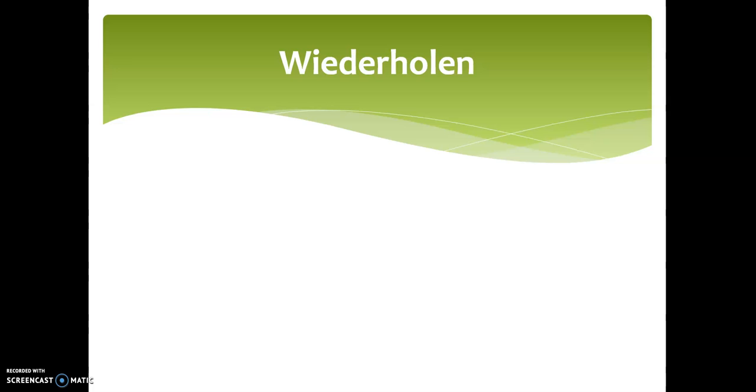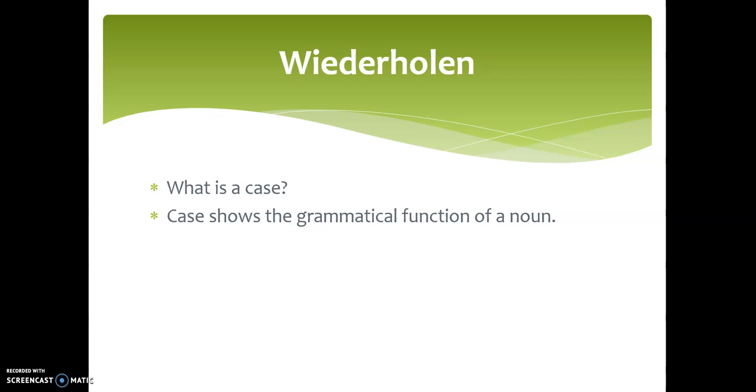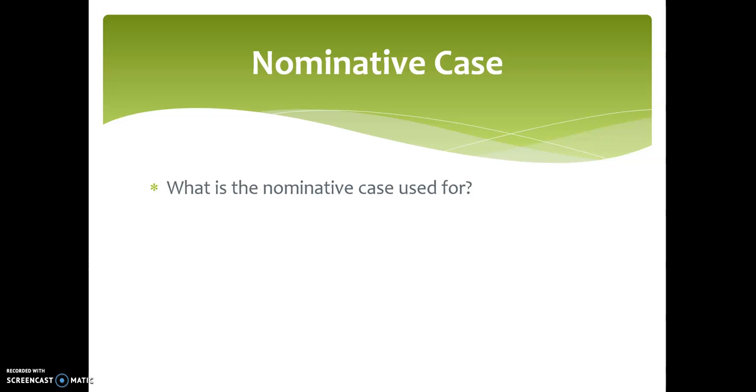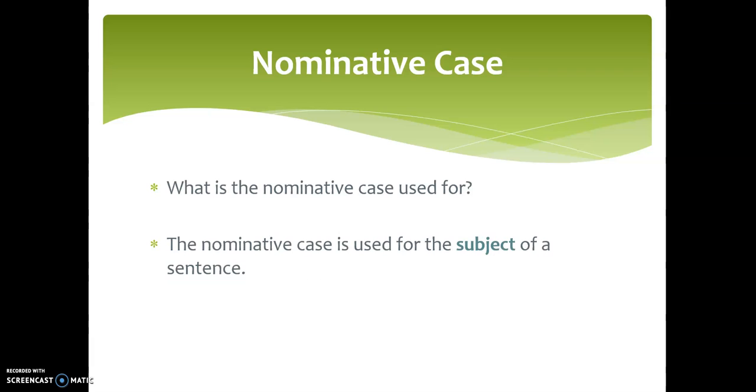The first thing I want to talk about is what is a case. Remember, a case shows the grammatical function of a noun. What German cases do you already know, and what are they used for? Well, the nominative case is used for the subject of the sentence, or you can say the subject of the sentence is in the nominative case.